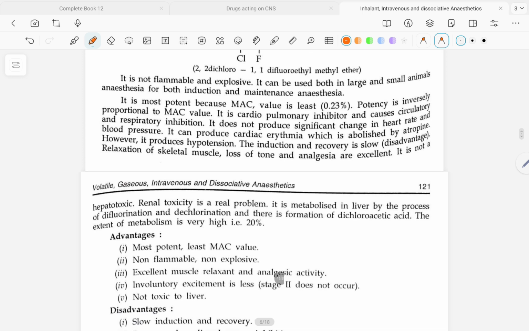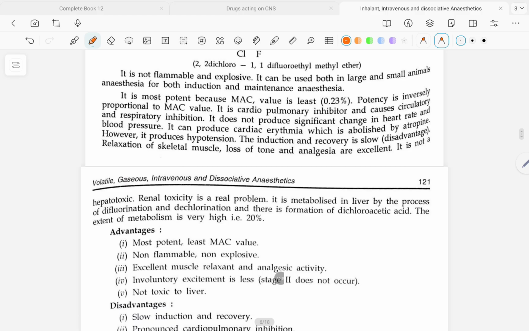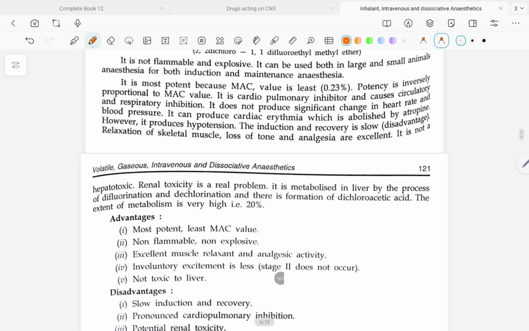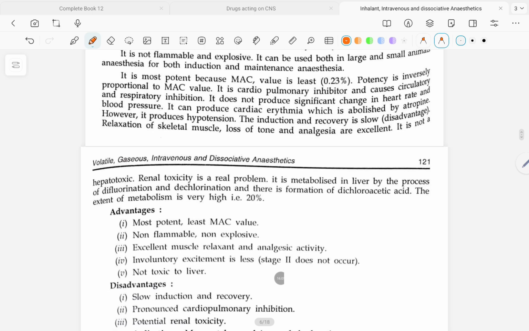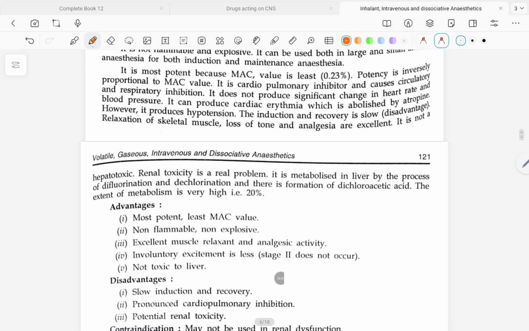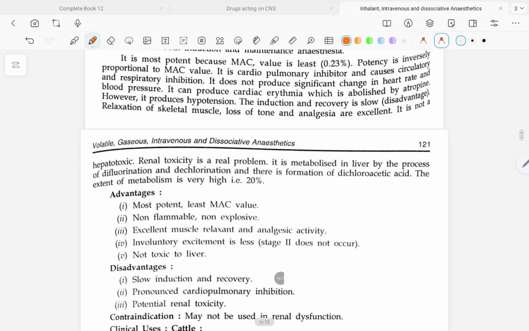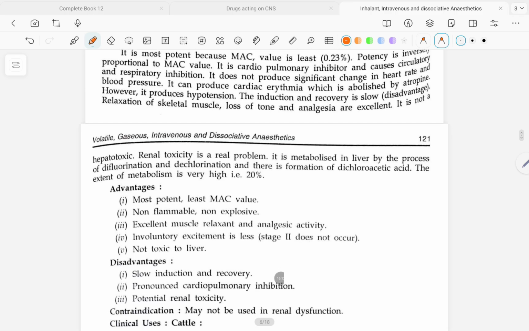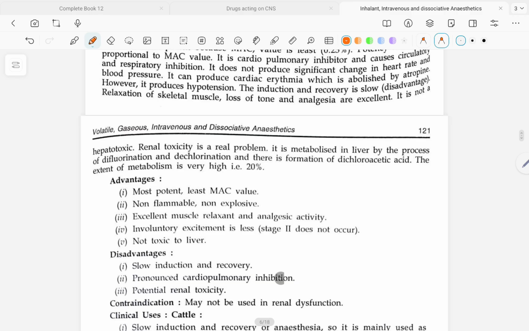It is a cardiopulmonary inhibitor and causes circulatory and respiratory inhibition. It does not produce significant change in heart rate and blood pressure. It can produce cardiac arrhythmia, which is abolished by atropine. However, it produces hypotension. The induction and recovery is slow.